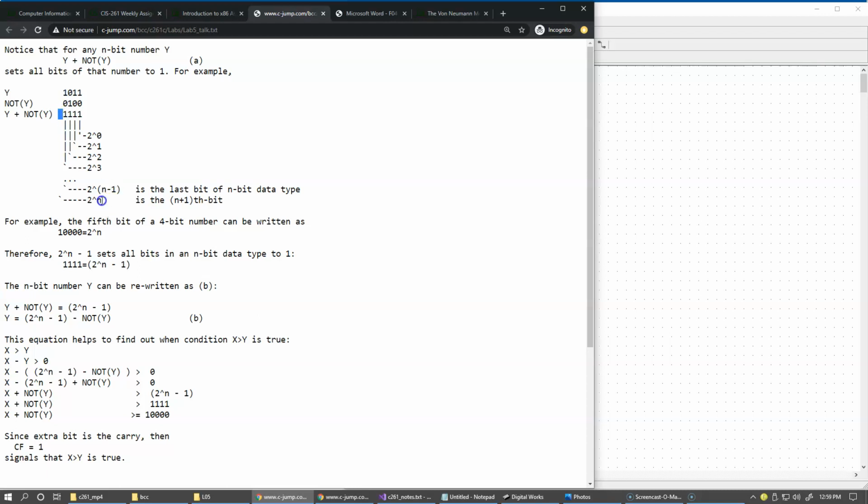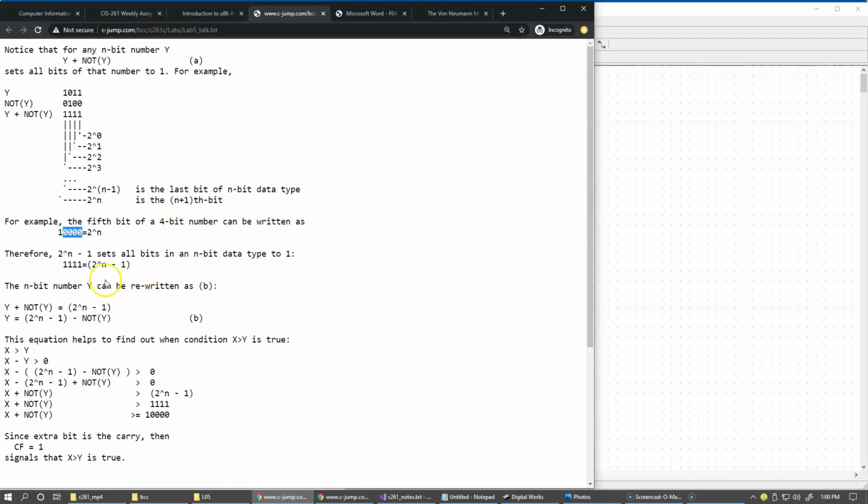So this value, which corresponds to this binary number with 1 at the highest bit set and all zeros, can be expressed as 2 raised to the nth power, where n is the number of these digits right here.